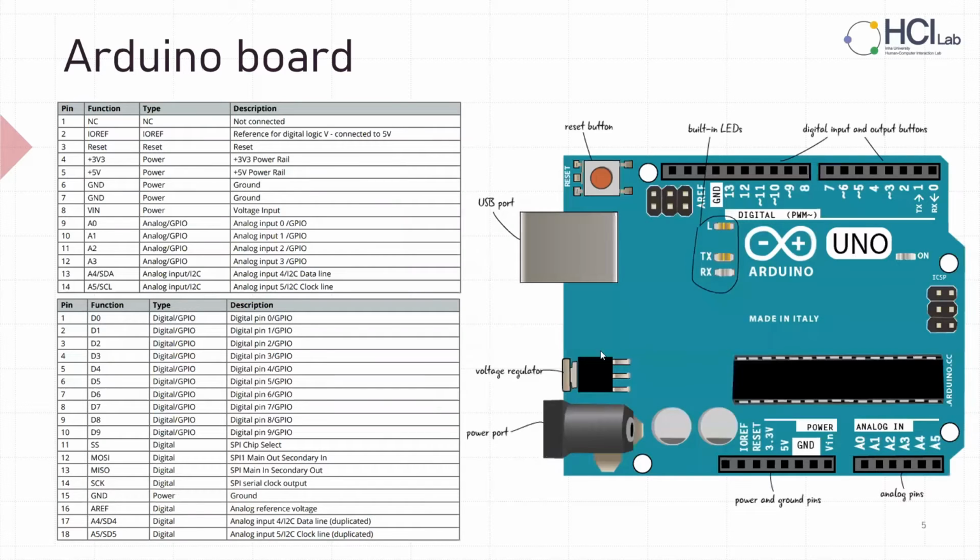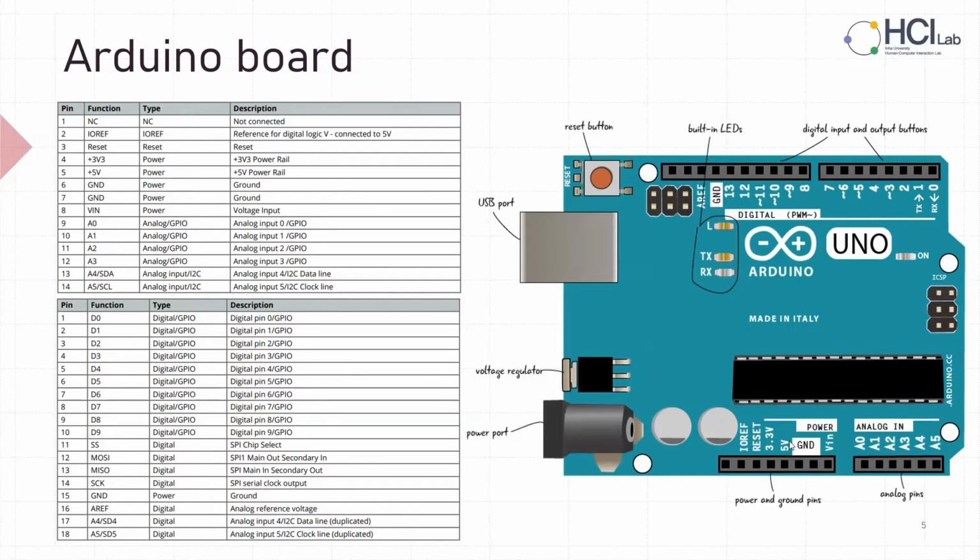So this is the Arduino board. As you can see, this is an Arduino Uno example. In this table, we can see the analog pin part and the digital pin part. With these descriptions, you can see that. And this is the USB port, voltage regulator, and power port.